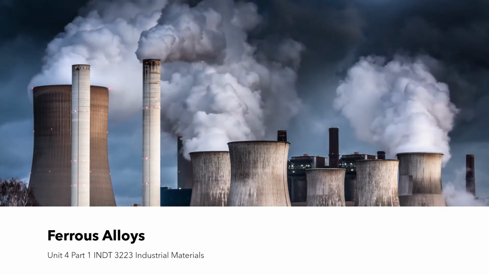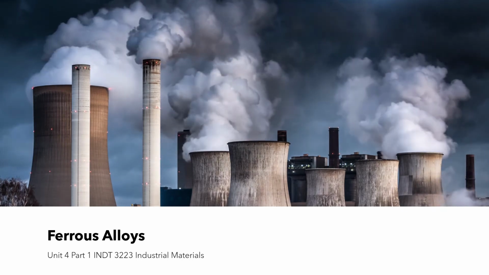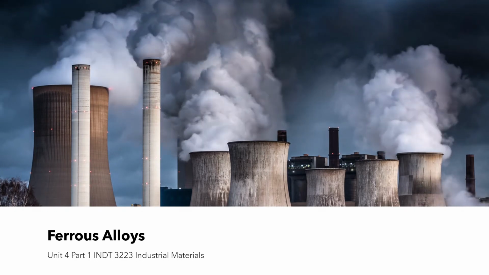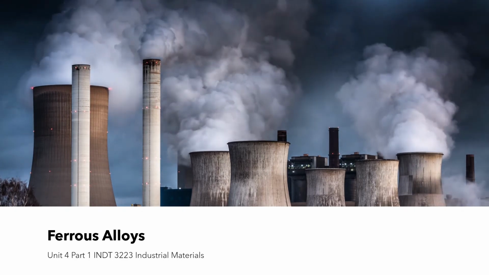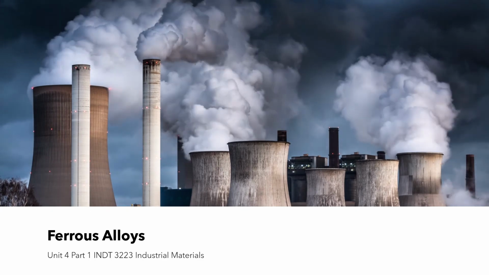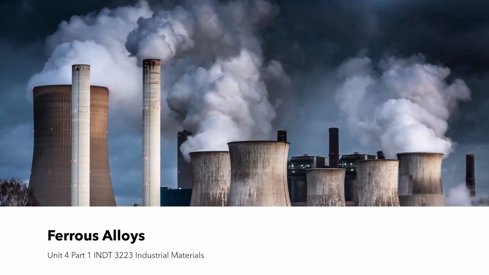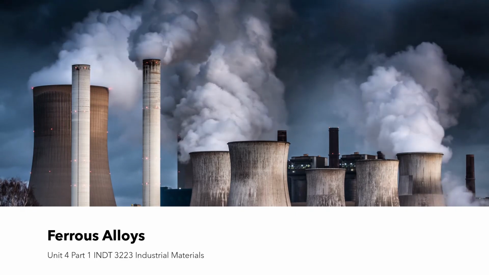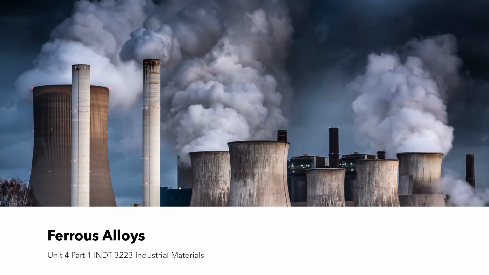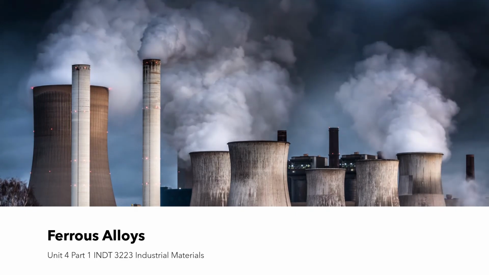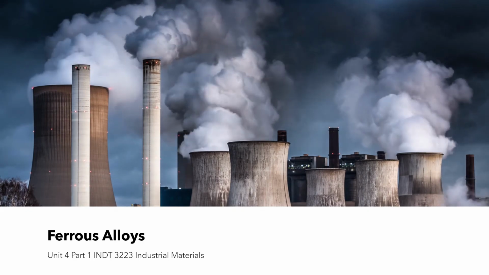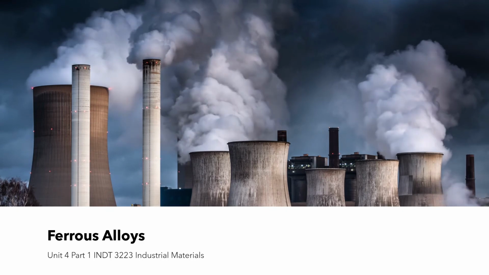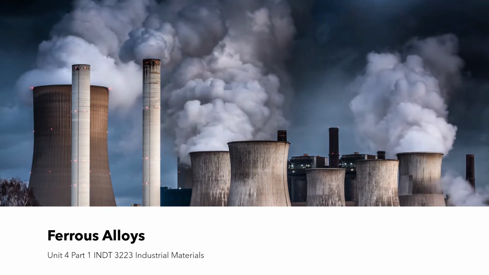So in ferrous alloy, we will get into steels. We all know what steel is, and then cast irons, because each of them offers properties to meet our industrial needs. Properties like mechanical strength, ductility, corrosion resistance, and wear resistance.